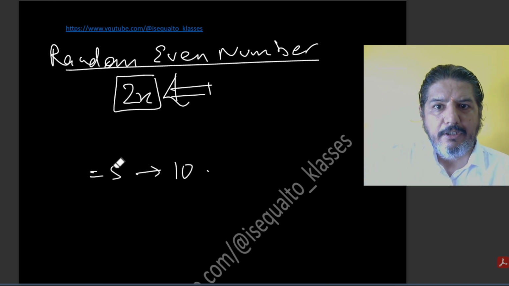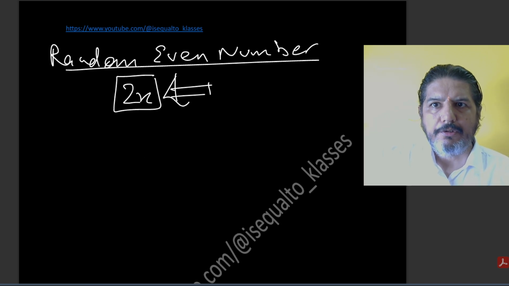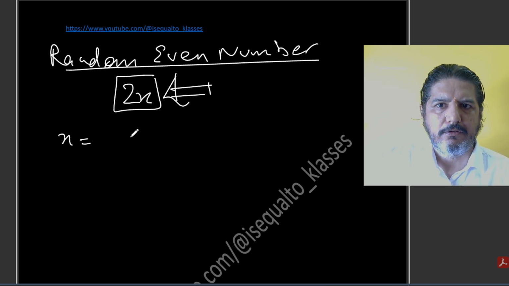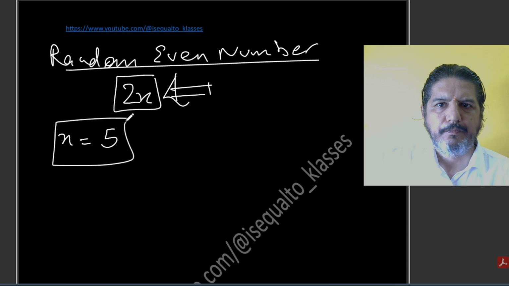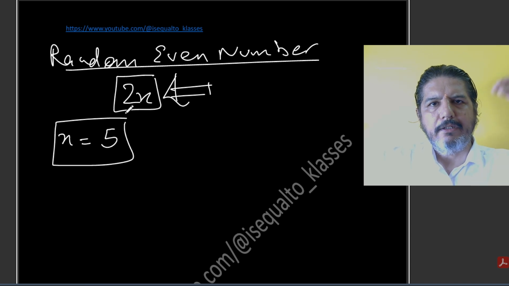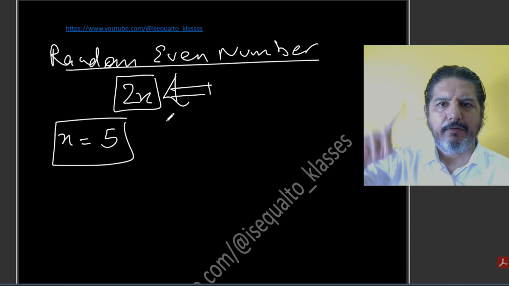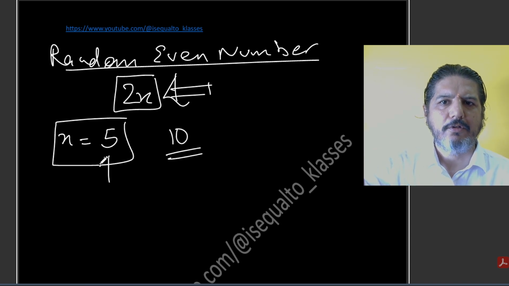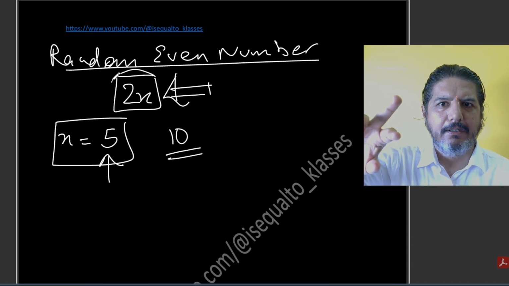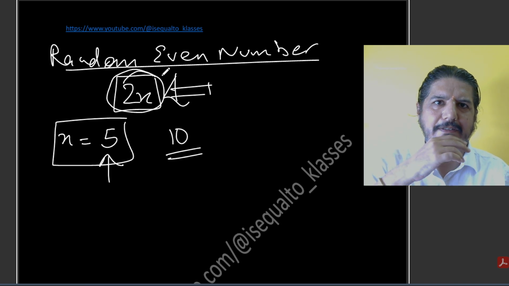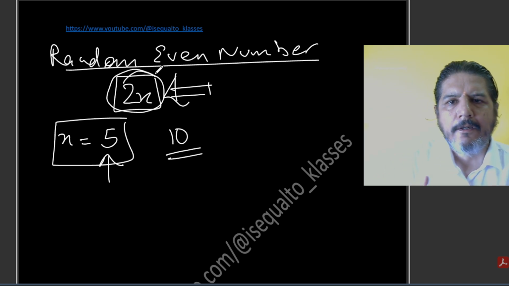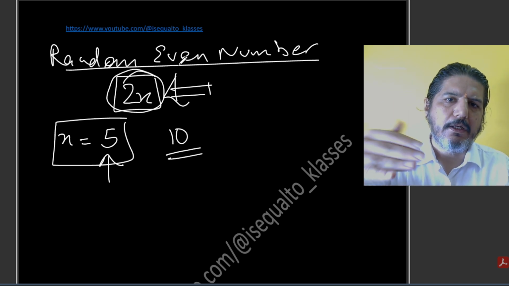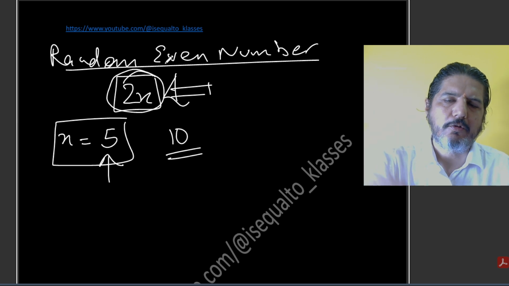But then what you need to understand is, when you solve the question and find the value of x, for example, you solve the quadratic equation and find x is equal to 5, always remember that the number you have assumed is 10. The number is not 5, because the number that you want is twice of x. I hope you are able to understand this. If not, I think by the end of this solution you will be able to understand.